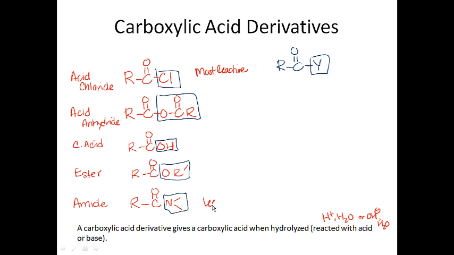The least reactive is an amide. Part of the reason we explain that is that chloride is the best leaving group, then this carboxylate would be the next best leaving group, hydroxide next, OR a little more difficult to leave, and then N would be the most difficult to leave, although for esters and amides, I'll talk a little bit more about why they are the least reactive.